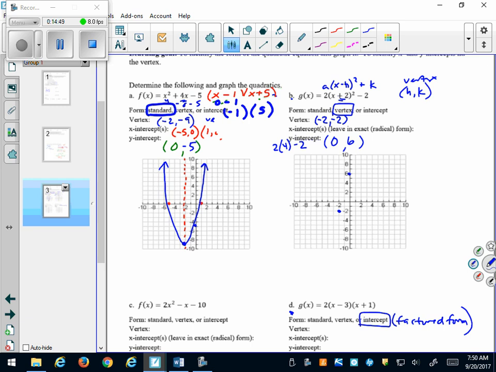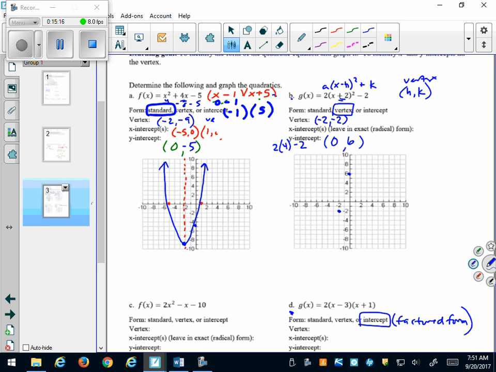What did we say about finding the x-intercept? Well, we need to find the 2 points that actually go through this graph. So remember, to find the y-intercept, you plug in 0 for x, and to find the x-intercept, you plug in 0 for y. That's always going to be the case.